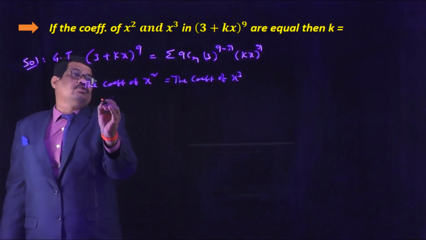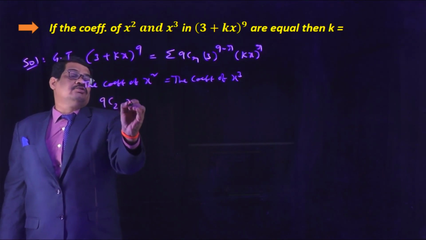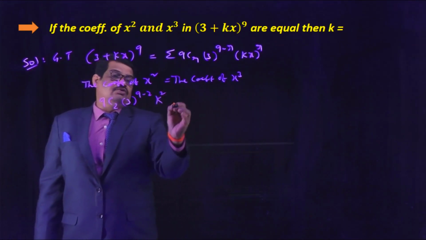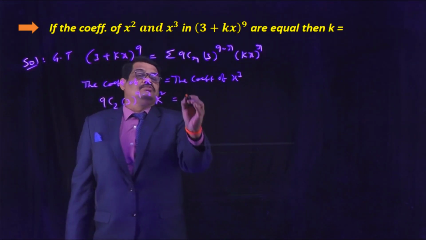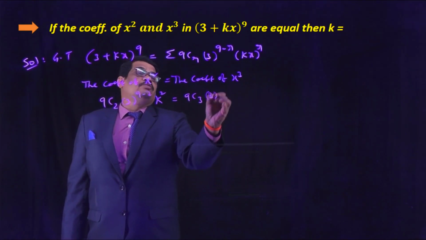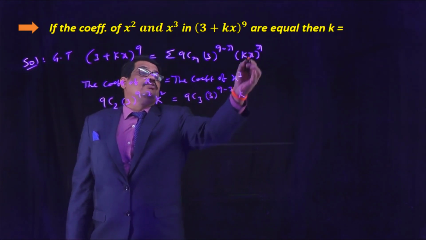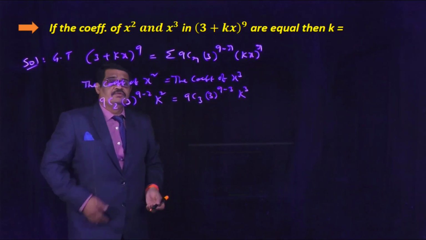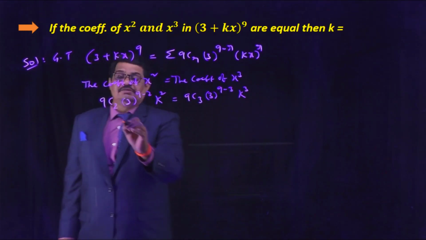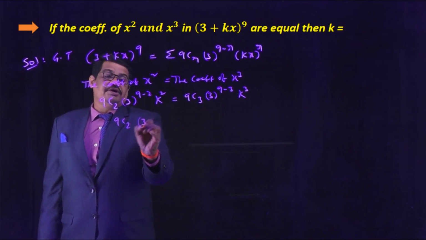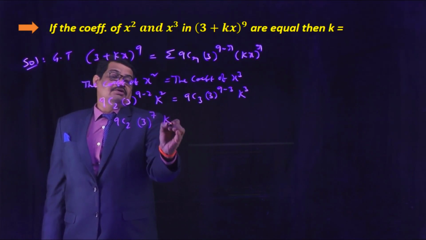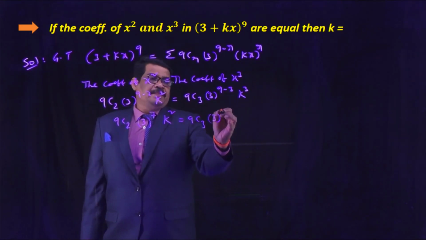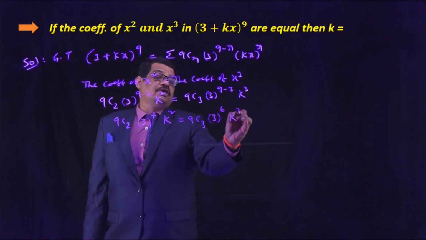Then the coefficient is 9C2 3 to the power of 9 minus 2 k to the power of 2. If r is equal to 3, that is 9C3 3 to the power of 9 minus 3 k to the power of 3. From that we are finding the k value. So here 9C2, 3 to the power of 9 minus 2, that is 7, k square, equals 9C3, 3 to the power of 9 minus 3, that is 6, into k cube.